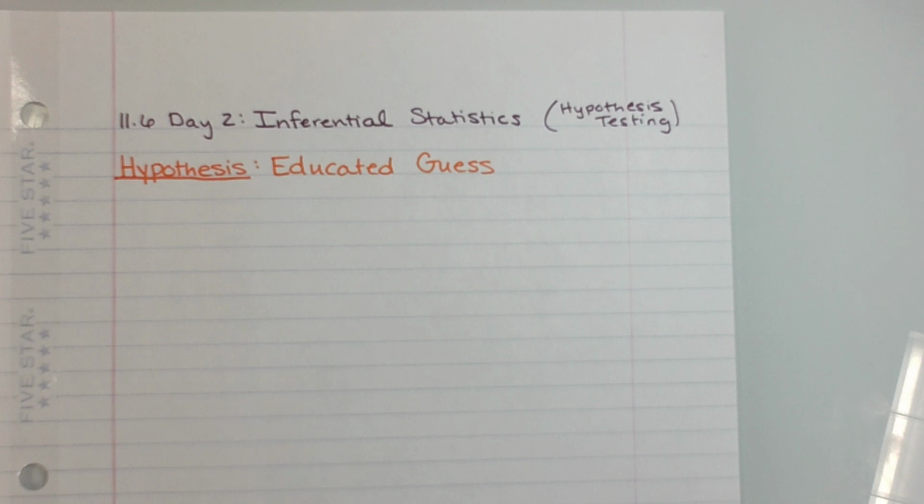Now, we're focusing on taking a sample to figure out things about the population. Yesterday, we worked with confidence intervals, this idea of figuring out where a true population's mean is based on a sample population's mean. So making that assumption from small to large.